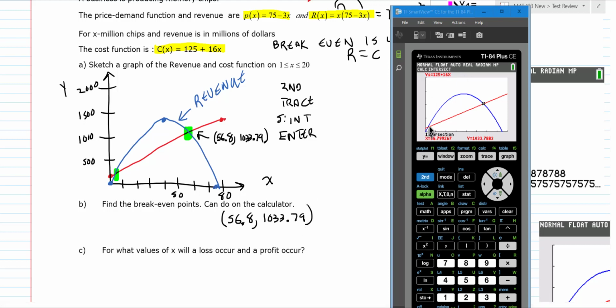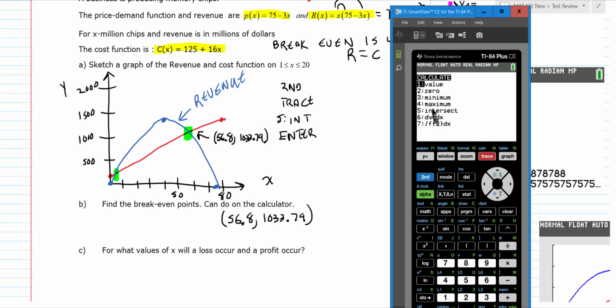Then I have to start over again to find this break-even point. So I go second trace again, option 5, and then this time move the cursor over, and you have to keep moving it until it's pretty close to that other intersection point like this. Okay, that's probably close enough.